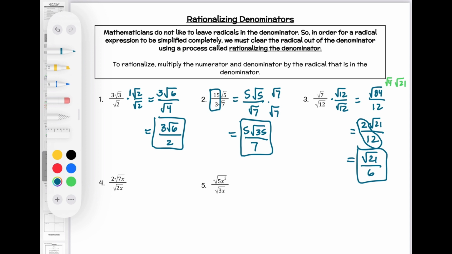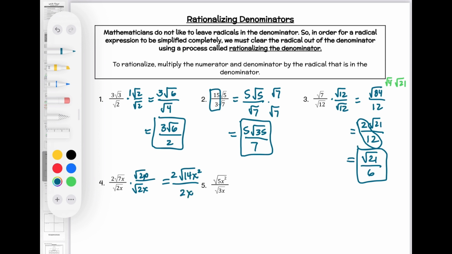All right, so for the next one, now we have variables in play. So we're still going to be following the exact same process. Since we have square root of 2x on the bottom, I'm going to go ahead and multiply by that on the top and the bottom. So we're going to have 2 on the outside, square root 14, and when we do x times x, we're going to have x squared. Over, and on the bottom, we're just going to be left with 2x.